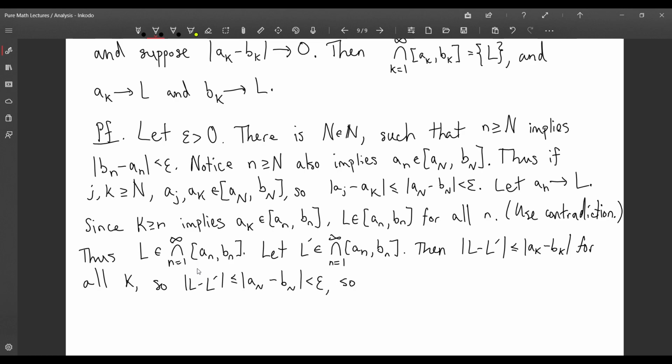So L equals L prime, since epsilon is arbitrary, right?